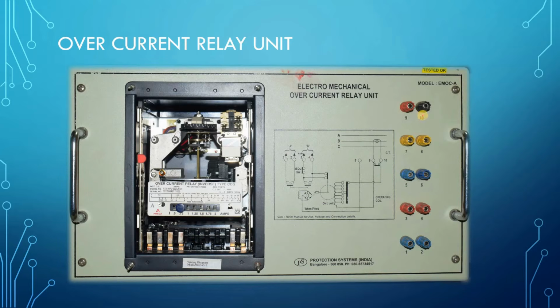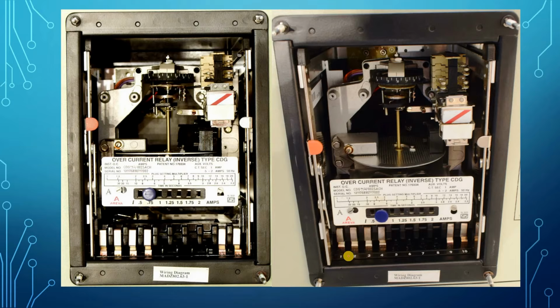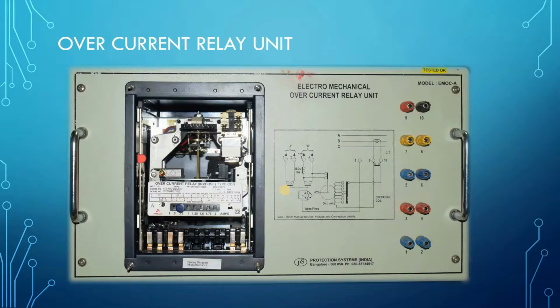You can see previously 1, 2, 3, 4, 9, 10 were the terminals. This 9, 10 is connected to these two terminals, and this 1, 2, 3, 4 is connected to 3, 4, 1, 2, and 5, 6, 7, 8 are blank terminals, because nothing is available there.